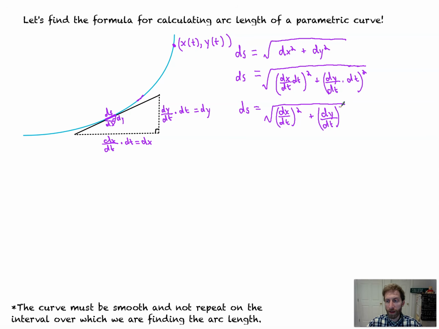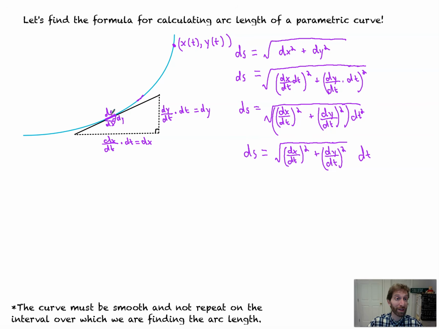And what I'm going to do is take out that dt squared from both of these. And the square root of dt squared is dt. And so that gives you the formula: the square of the x derivative plus the square of the y derivative, under the square root, and the square root of dt squared is dt, equals ds.